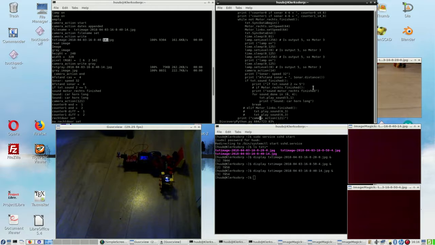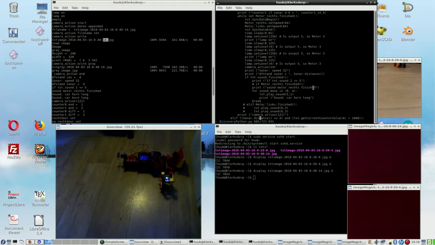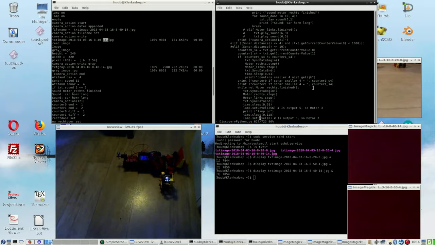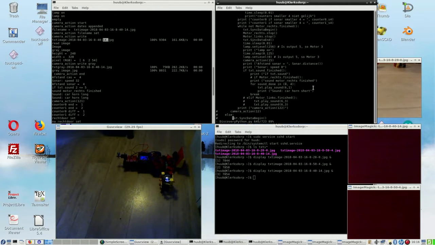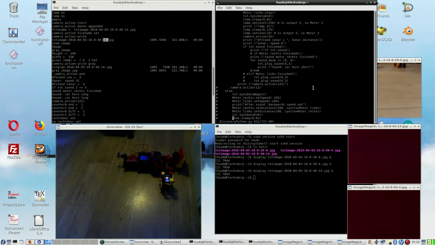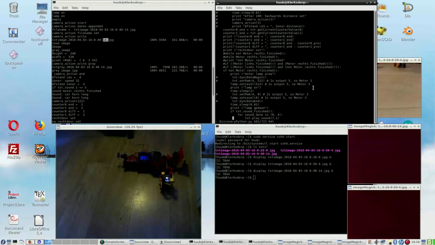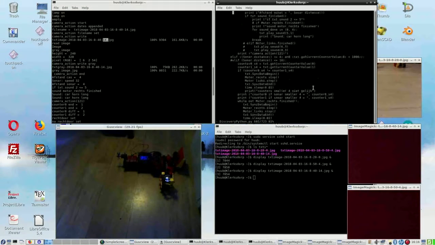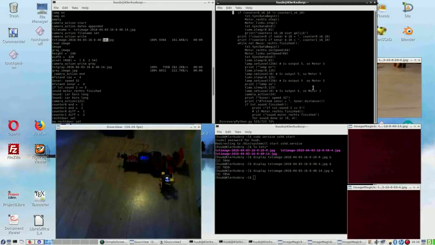I'm confused a bit because I thought I had changed the algorithm so that it stops while it actually makes the whole change with the images. So motor stop, etcetera. So why doesn't it do that? How can I be confused about that one?